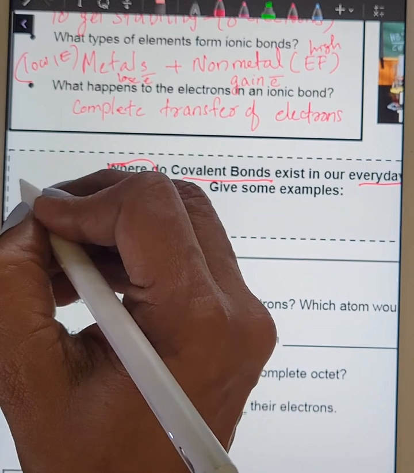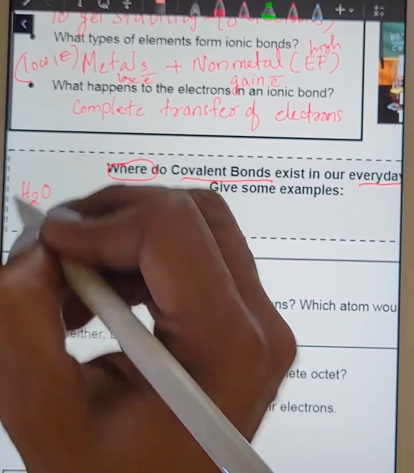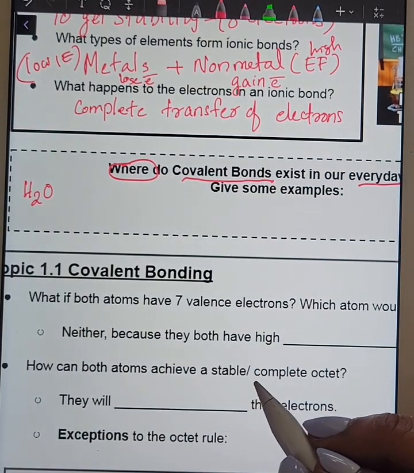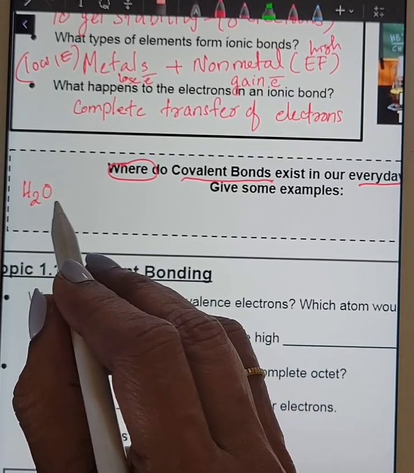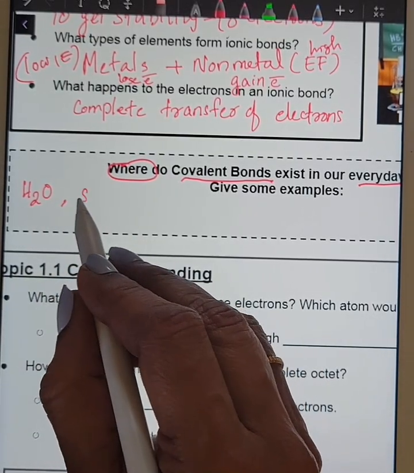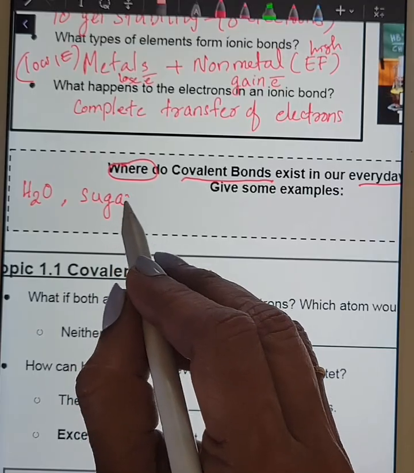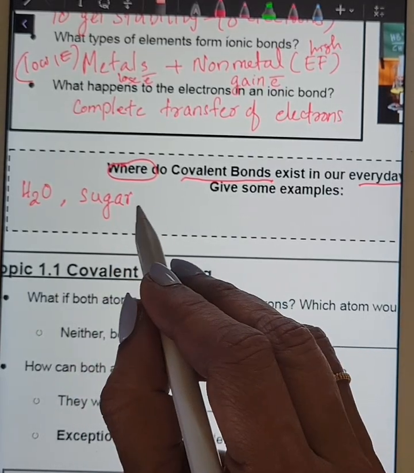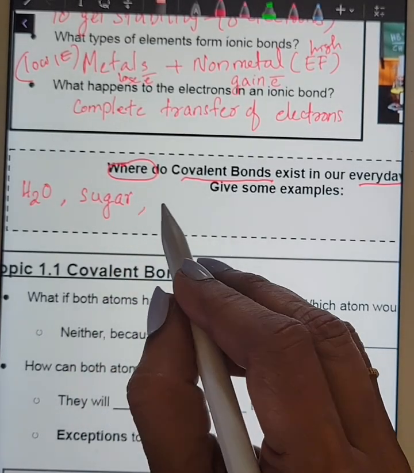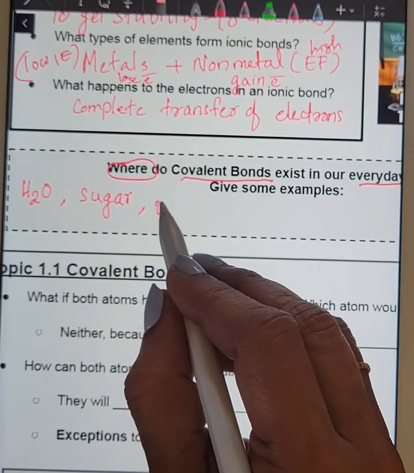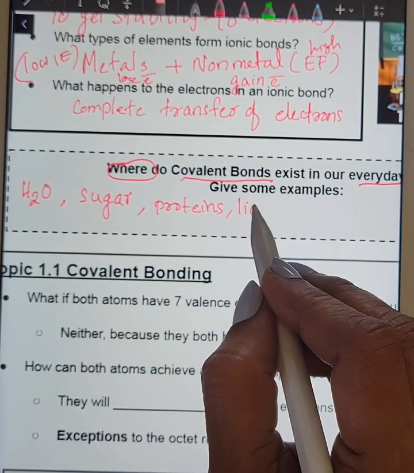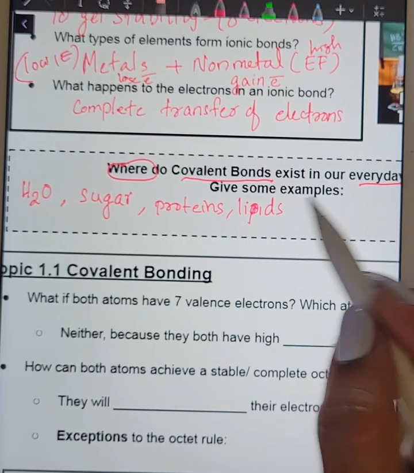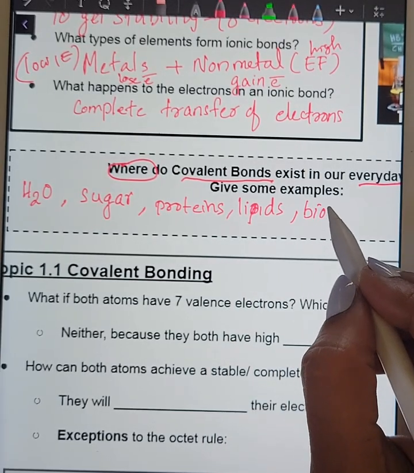So the first and most important example in our daily life is water, which has only covalent bonds because it has hydrogen and oxygen sharing electrons. Then sugar, or we can say all carbohydrates, proteins, lipids, generally we can say all biomolecules.